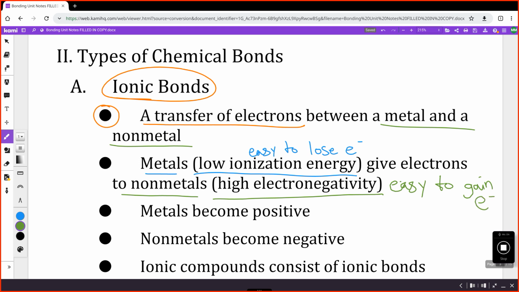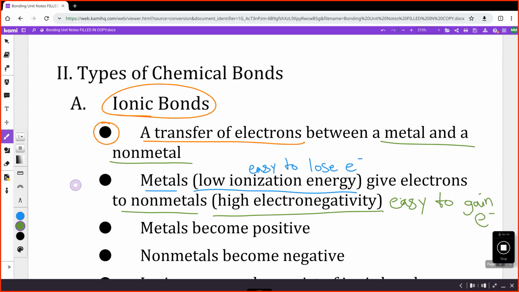And so you have this perfect combination of elements and atoms that want to lose electrons and other elements and atoms that want to gain electrons. And it's basically a match made in heaven. There's a back and forth that is perfect. Metals don't want them, nonmetals want them, and this exchange happens.